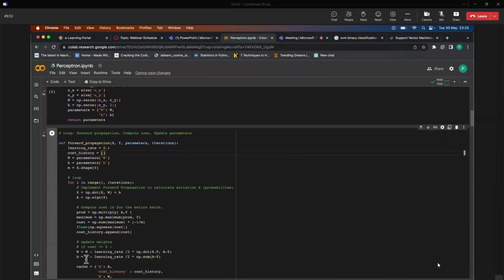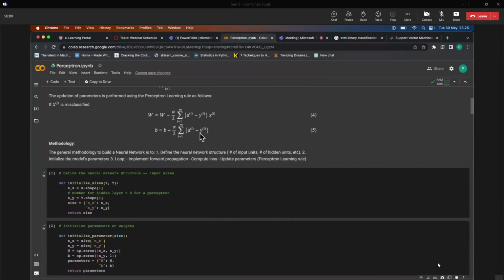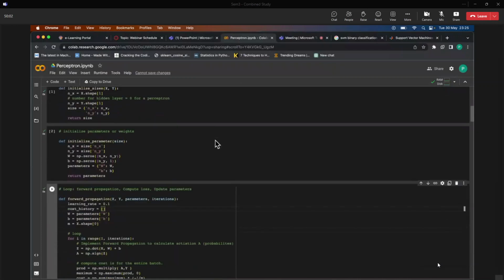And for the bias term, we have learning rate by 2 into np.sum of A minus Y.